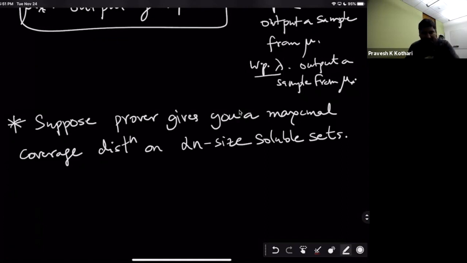Here is one bait and switch that I already did, that you should notice. The soluble partition was a distribution supported on exactly 1 over alpha things, right? And so the list size was at most 1 over alpha by fiat.